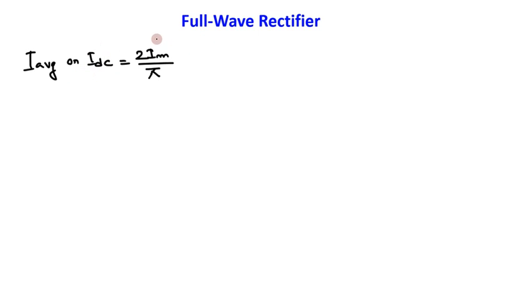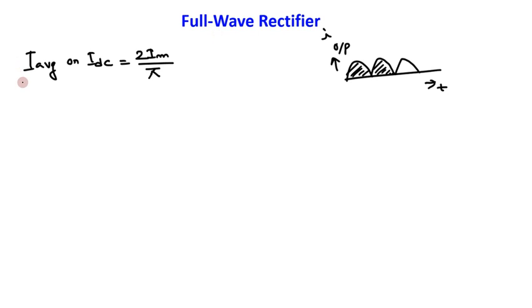It was Im by pi, right? And for the full wave rectifier, the output waveform is like this, the current output with time. Compared to the half wave rectifier, here we are getting the output for the positive half as well as for the negative half. So this IDC would be 2 times that of the half wave rectifier.